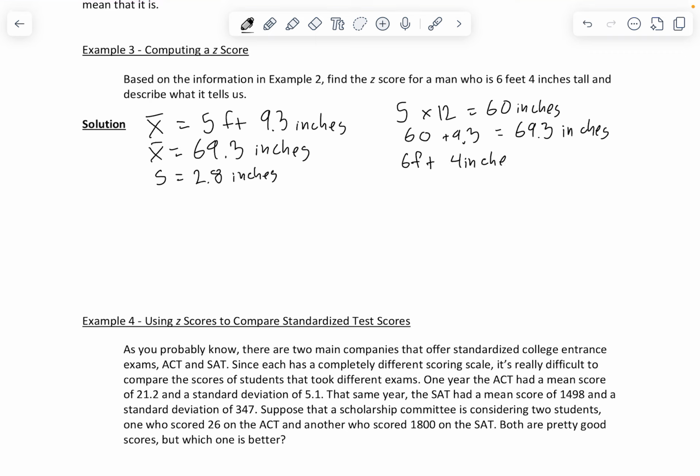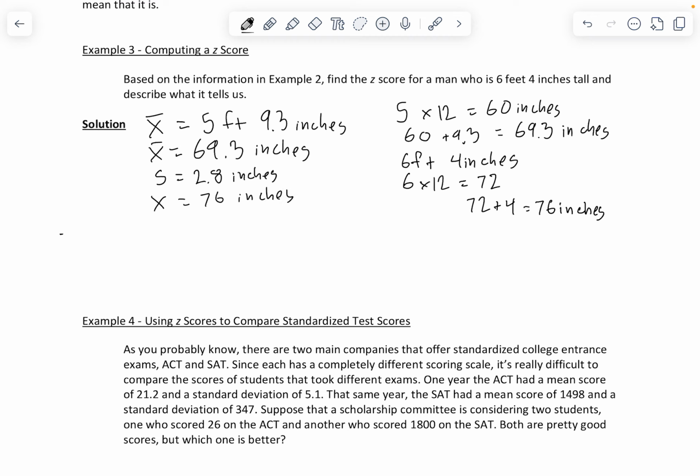I want to convert that into only inches as well. So for the 6 feet, I will take 6 times 12, which is equal to 72. 72 plus 4 is equal to 76 inches. So that's my value of x. My x value is 76 inches.